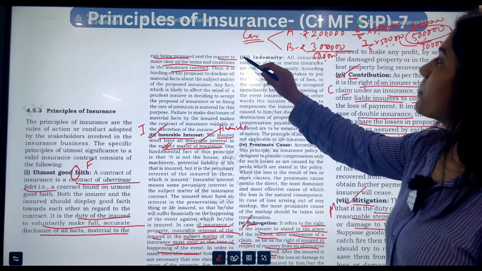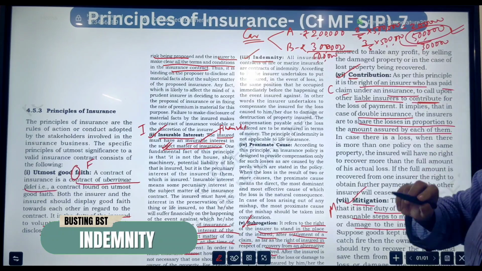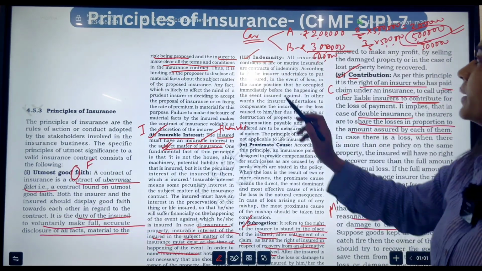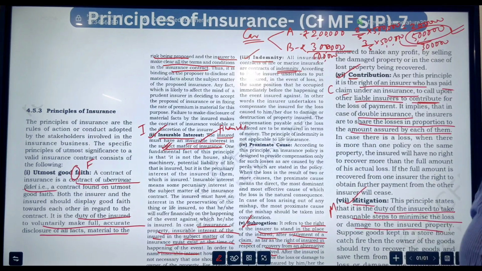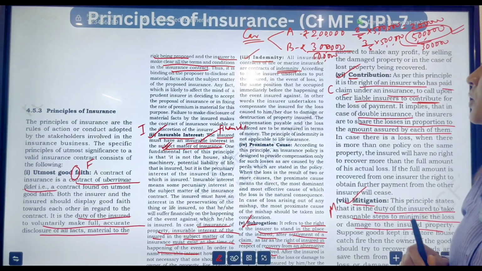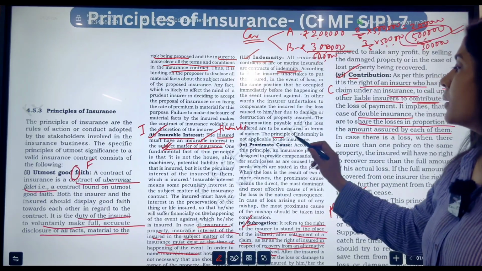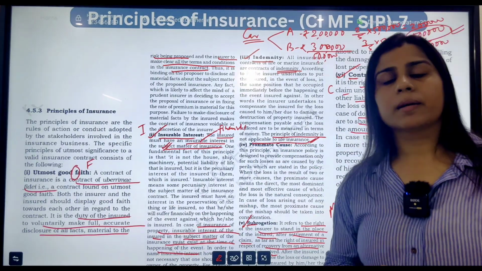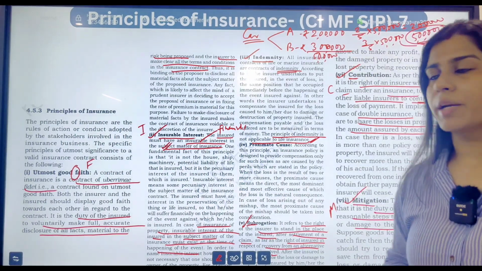Now I represents the principle of indemnity, where it says that any insurance contract is a contract of indemnity, meaning compensation for the loss, the financial loss we mean. In this case, the only exception is the life insurance policy, because somebody's life can never get compensated even in monetary terms.